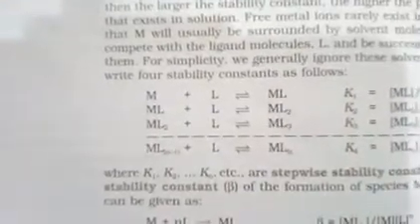If the reaction occurs in many steps, then each step will have a different K. The total stability constant should be given by this equation, K1 into K2 into K3 up to Kn. This is the total. So these are the coordination compounds.